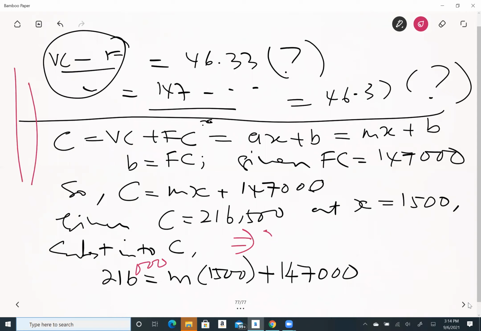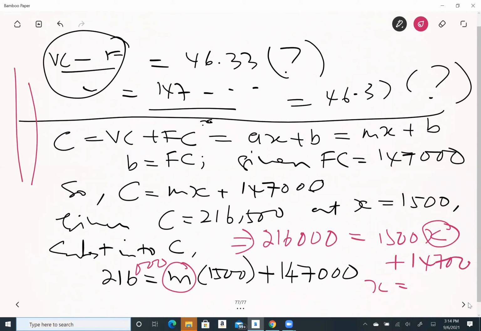You don't want to find the x. You want to find what? M. X is the variable. So you do this, you got x equal to 46.333, which is not x, it should be M. So people do this. I don't know how, that is not right.